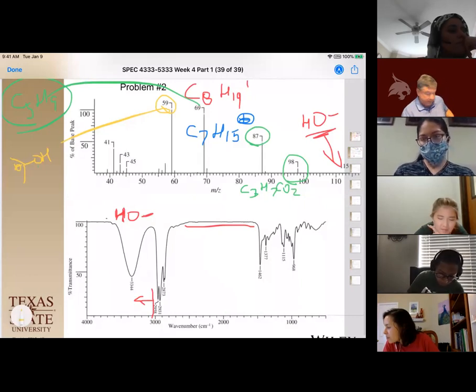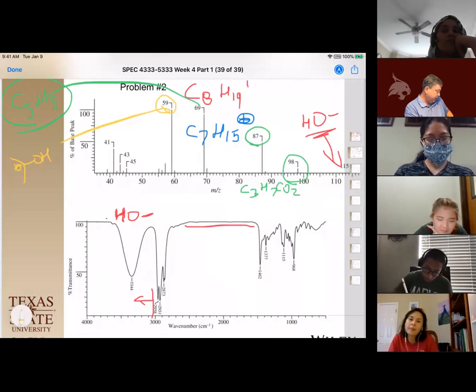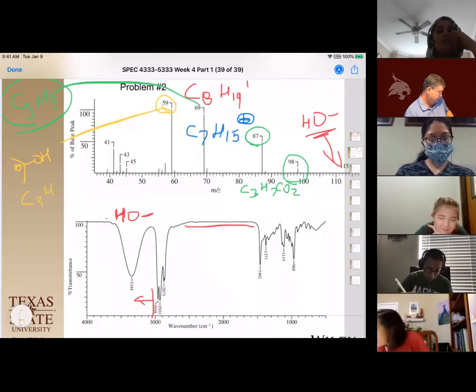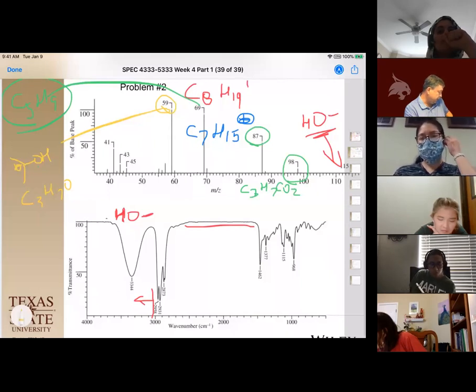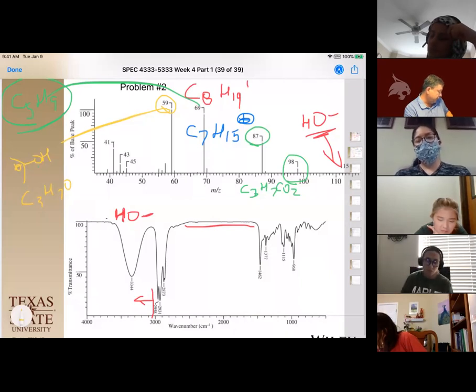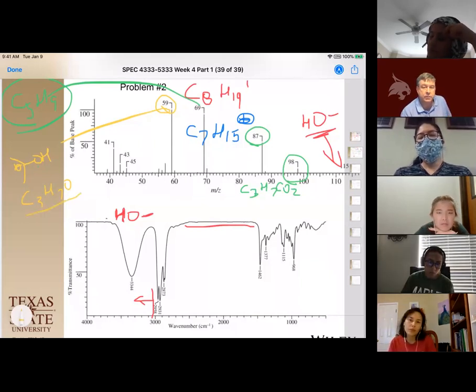What else could it be? 59 is also C2H5OCH2, and C3H7O is that fragment as well. Any other useful fragments here? There's a CH3CH2CH2O, and then there's another. So there are several different 2 and 3 carbon chains with oxygens on them.